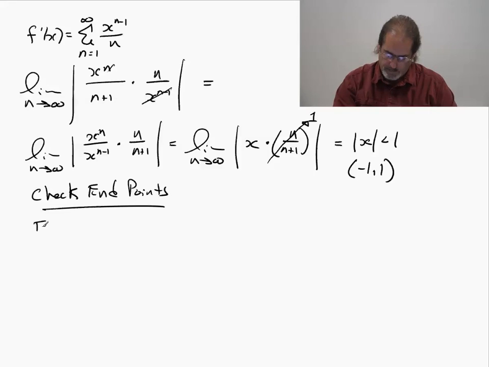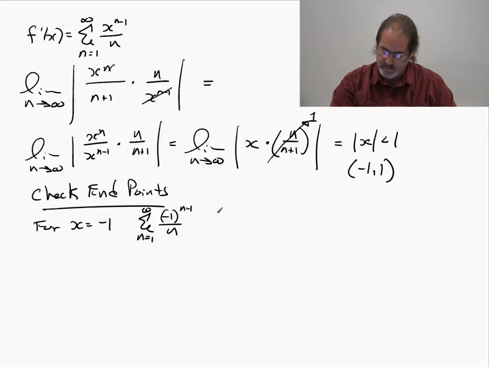So for x equals -1, I have the sum n equals 1 to infinity of -1 to the n minus 1 over n. That is the alternating harmonic series, which we know converges.